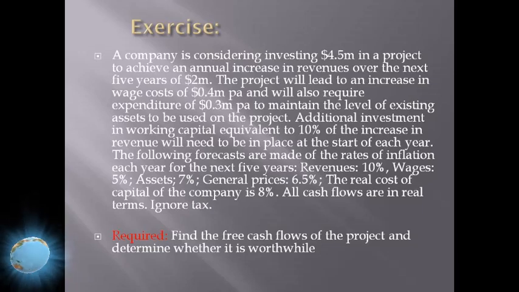The real cost of capital of the company is 8%. They are saying it is real, not nominal, because we are forecasting a future price. So we are going to convert it into the nominal rate of cash flow and real terms. They are saying to ignore the tax.